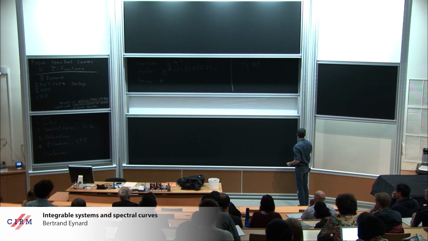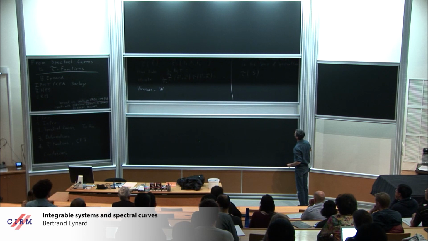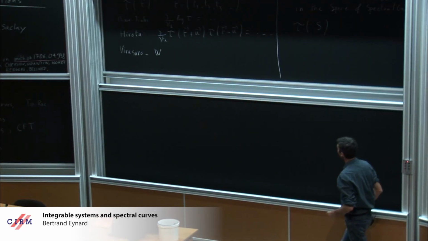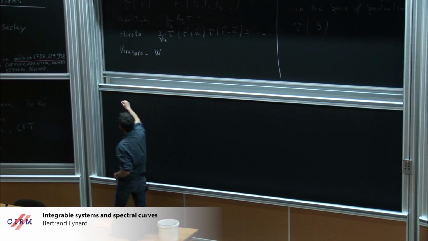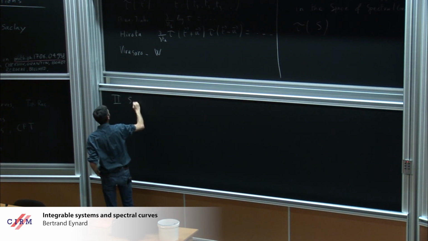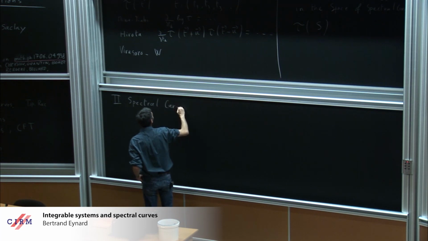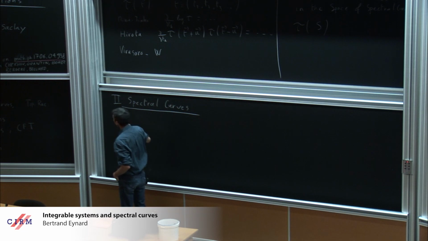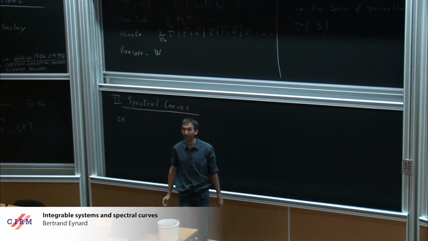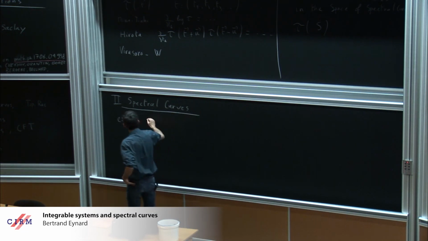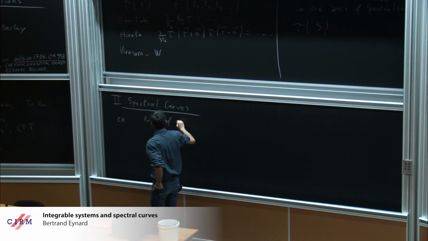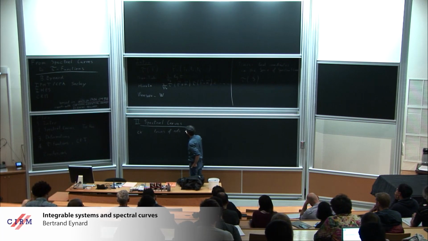Sorry, I mixed up. Okay, so what will I call a spectral curve? Let me start from an example. It's just an example. Not all spectral curves can be written like that, but typically it's the locus of solutions of a polynomial equation.